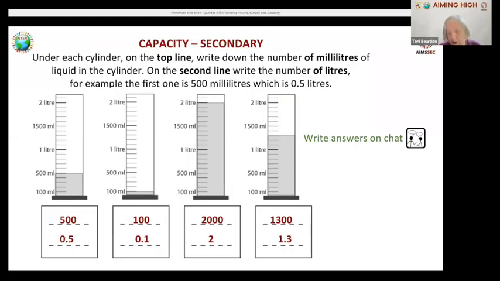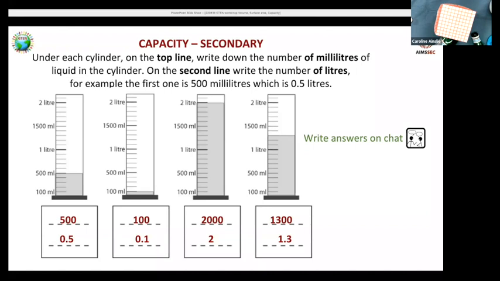That worksheet gives your learners an opportunity to practice reading a scale. On the worksheet on the Aiming High website, there are 8 examples. There's only 4 here. I would like to point something out: I broke my own rule here, because I don't ever allow my learners to just write a number. On the sheet, the text does specify that it's milliliters on the first one and liters on the second one.